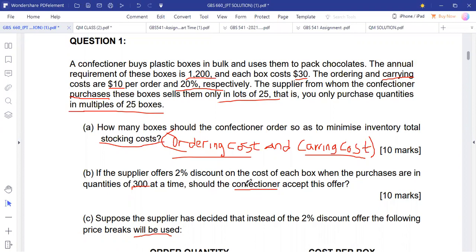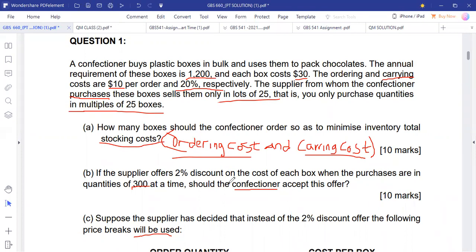All right, then they've given us an option. If the supplier offers the 2% discount on the cost of each box when the purchases are in quantities of 300 at a time, should the confectioner accept this offer?